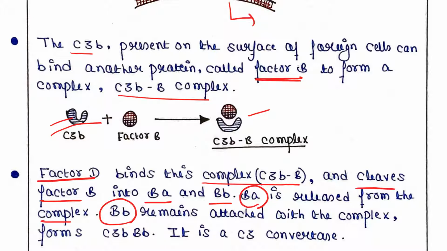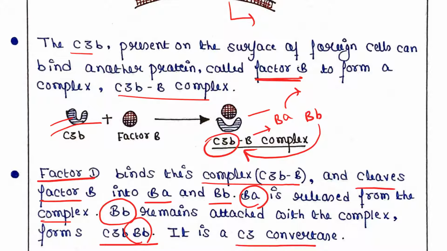So they will form the C3bBb complex, because C3b was already there and this factor B is now cleaved into Ba and Bb. Ba will be released and Bb will remain attached. So it will form C3bBb, which is basically a C3 convertase.